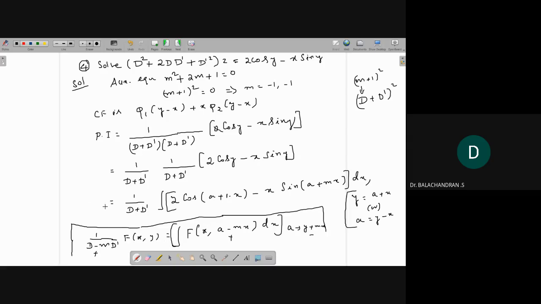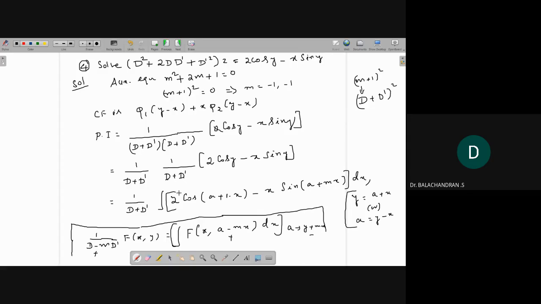What you need to do here is, in 2 cos, instead of y, you should replace a plus m into x. Here m is 1. So instead of D, you should put a, and instead of D dash, you should put x. So a plus x, like this.